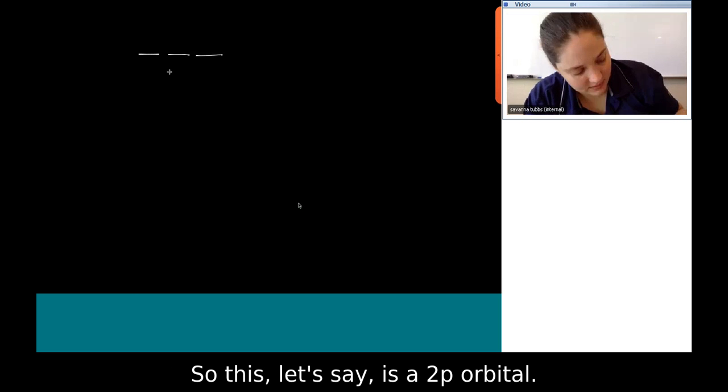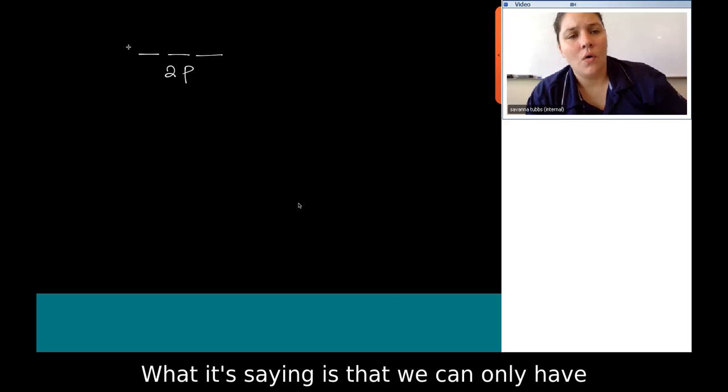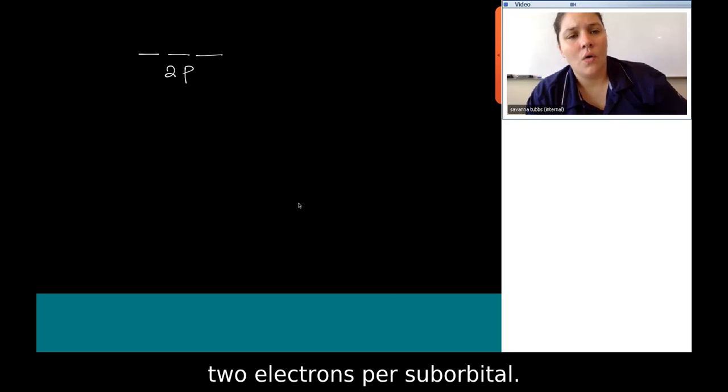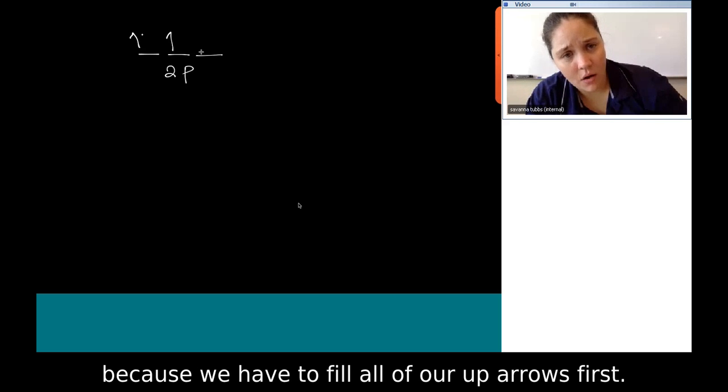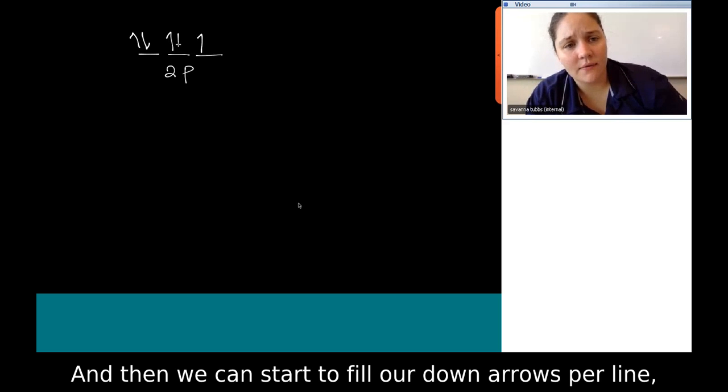So this, let's say, is a 2p orbital. What it's saying is that we can only have 2 electrons per suborbital. So it means we can have 1 electron here, 2, because we have to fill all of our up arrows first, and then we can start to fill our down arrows.